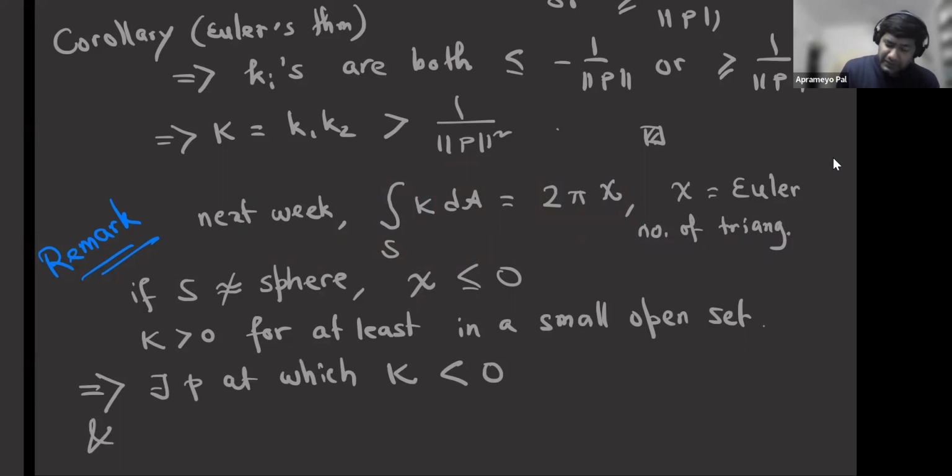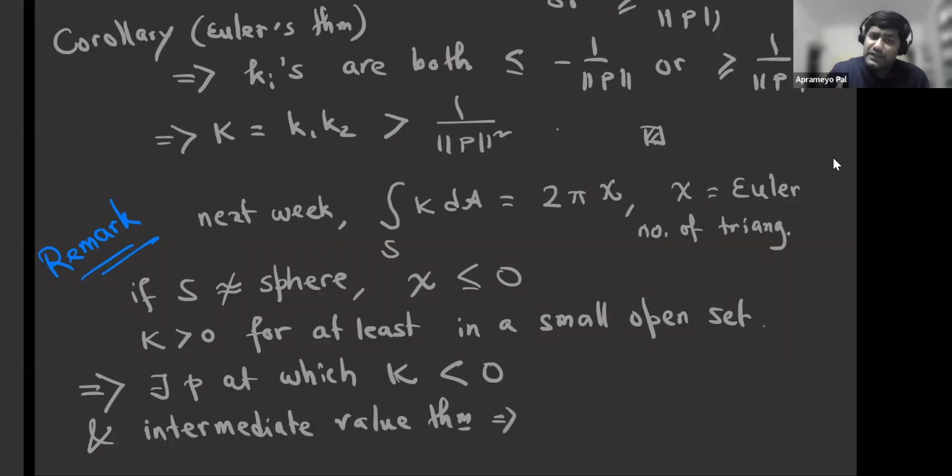And in analysis, you also have something called the intermediate value theorem. What is kappa? Kappa is a map in the parameters u and v, and this is also a continuous map. Now you have a continuous map which is negative at some point and positive at some point.